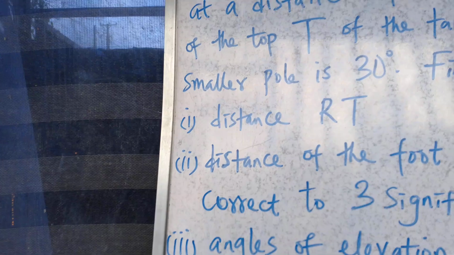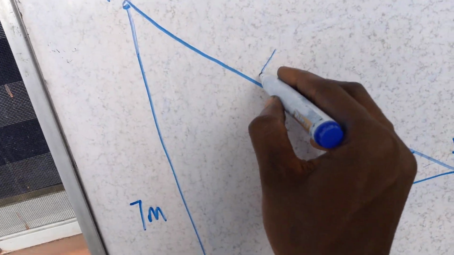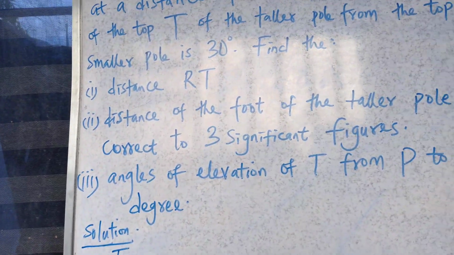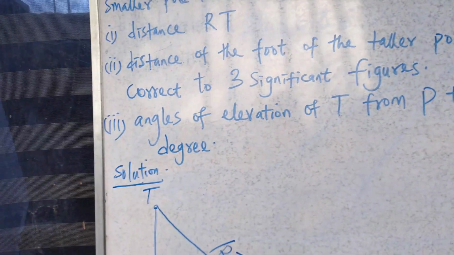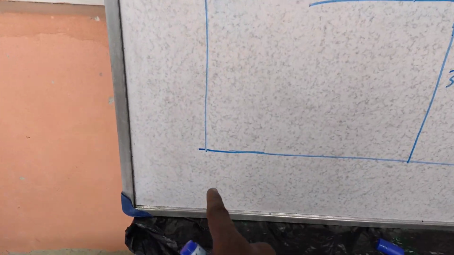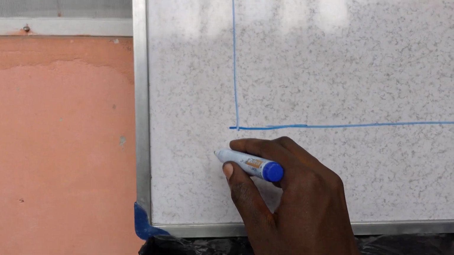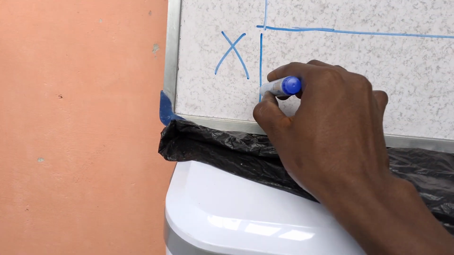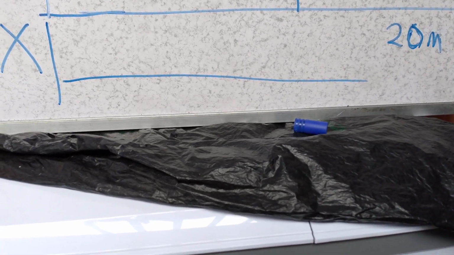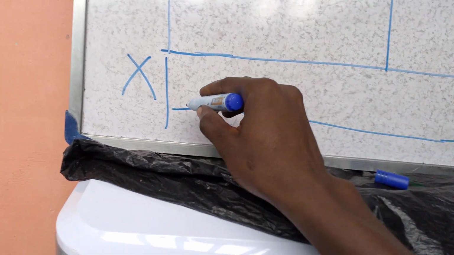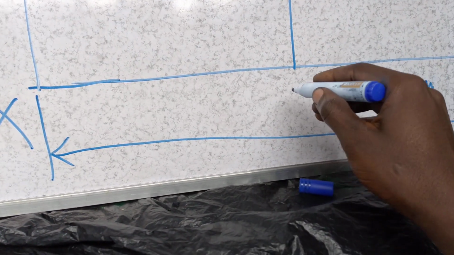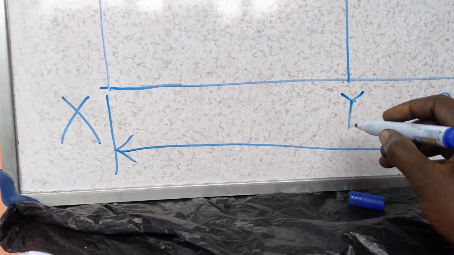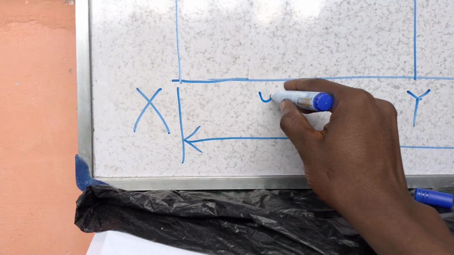Now it says we should find the distance RT. So the distance RT is unknown. Next, it says find the distance of the foot of the taller pole from P. This is the foot of the taller pole. You can call this foot X. We are going to look for this distance from X to P, which is unknown. Now we can assume that the bottom of R is Y. So the distance between X and Y is small y.